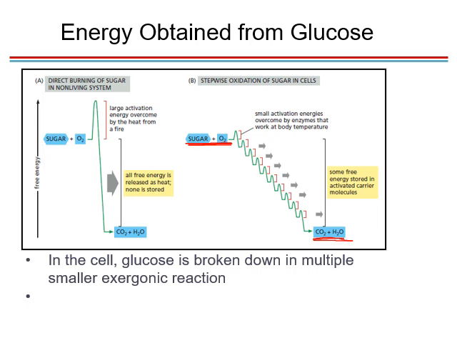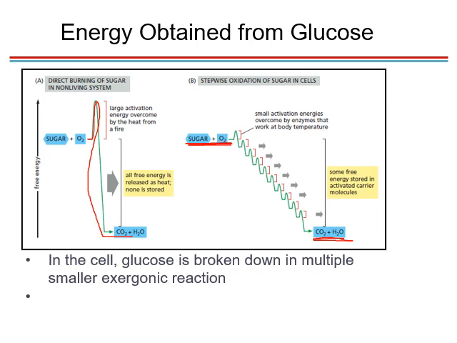But when we break down glucose, we're not going to be doing it in one large step. We're not going to break down glucose in one step and release all this energy in one burst.